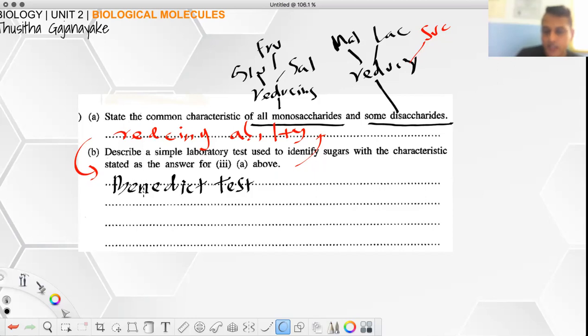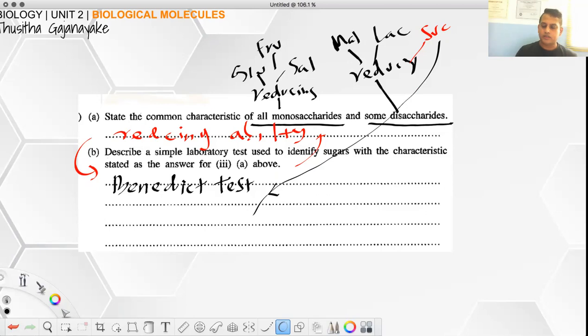We can use the Benedict test to identify sugars, even non-reducing sugars like sucrose, using a modified Benedict test. I will explain the Benedict test for all reducing sugars and the Benedict test for sucrose. But here you can remember the Benedict test can be used to test reducing sugars.